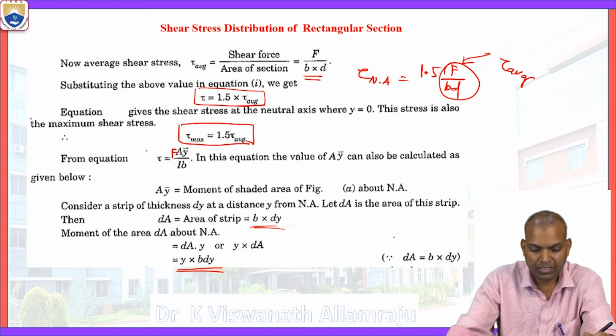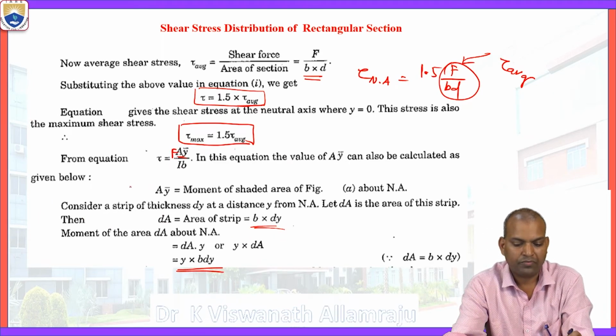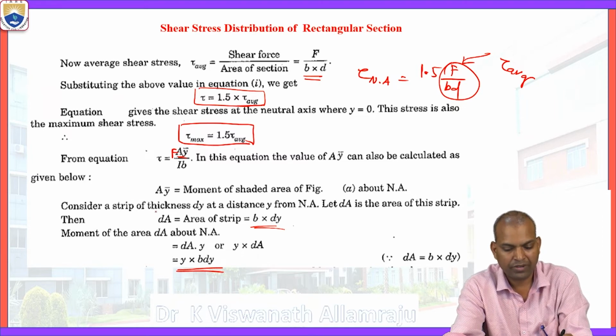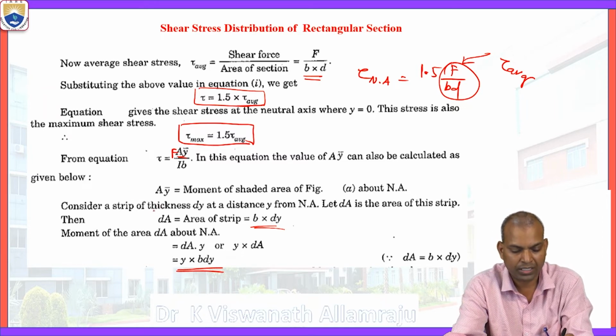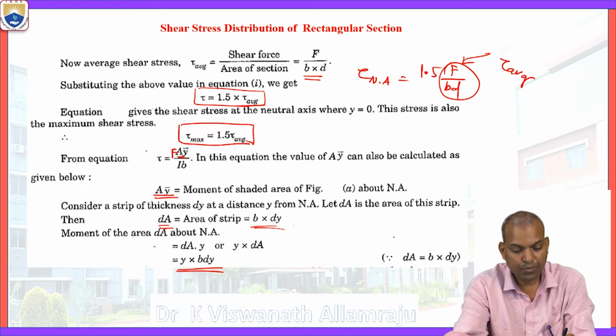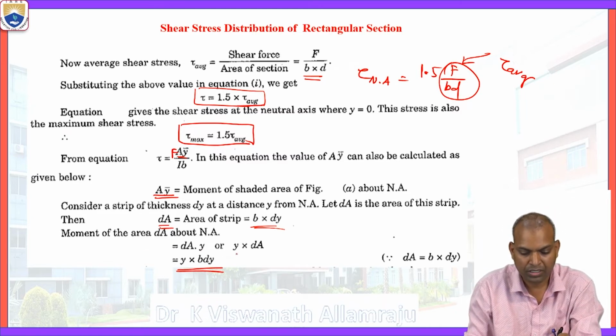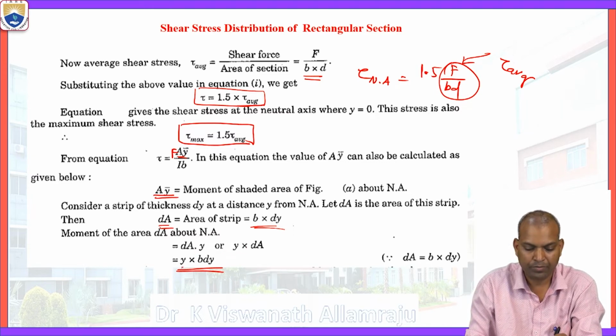A y bar is nothing but the moment of the shaded area, calculated as the integral of dA times y, where dA, the area of the strip, is b dy.